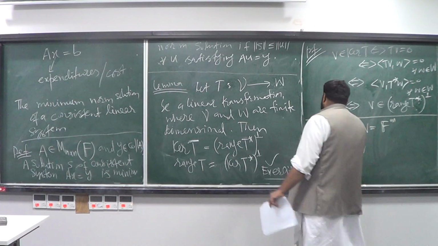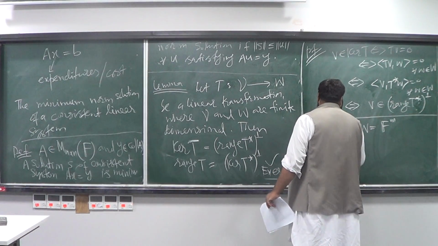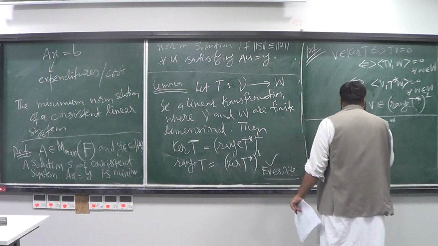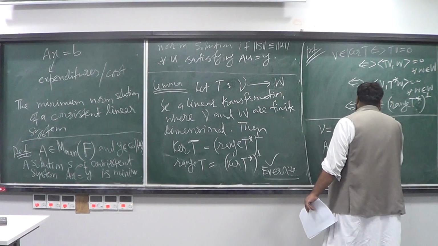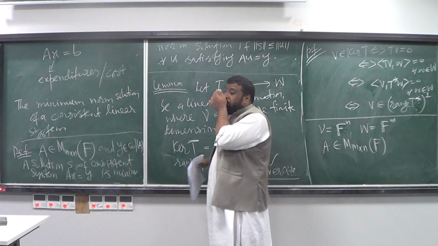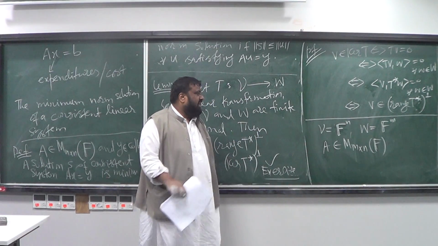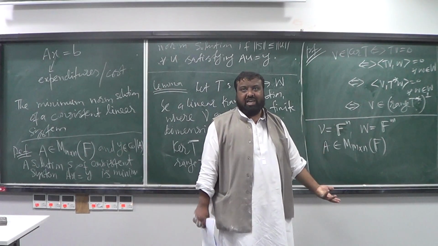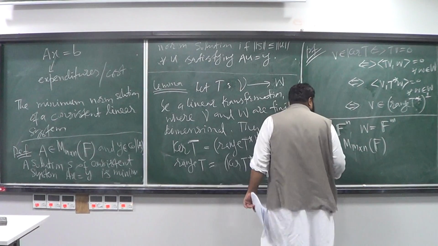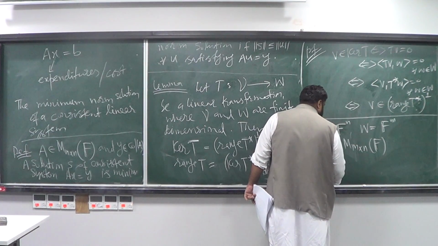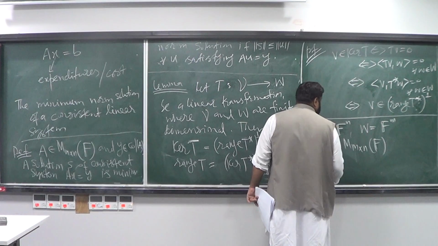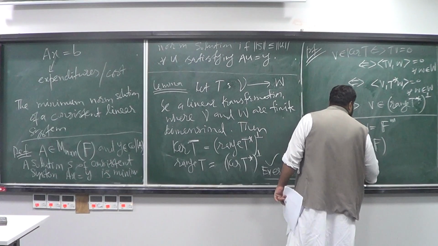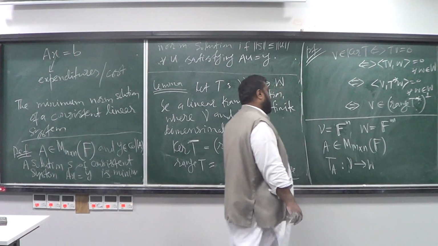And consider a matrix that is an m by n matrix with entries from F. Then we know that every matrix induces a linear transformation actually. So this matrix A will induce a linear transformation T_A from V to W, where V is F^n and W is F^m.